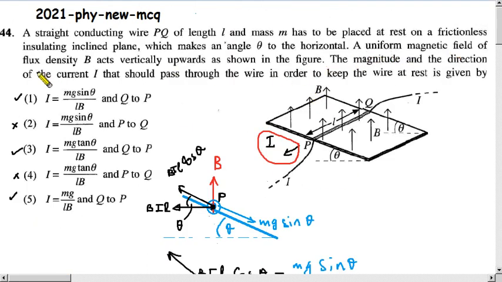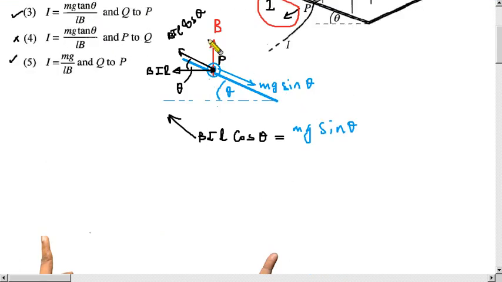The uniform magnetic field is vertically upwards; find the magnitude and direction of the current that should be passed through the wire in order to keep the wire at rest. The wire should not move. That happens only if these two forces are equal in magnitude because they are opposite in direction. So that is the principle we are going to use.